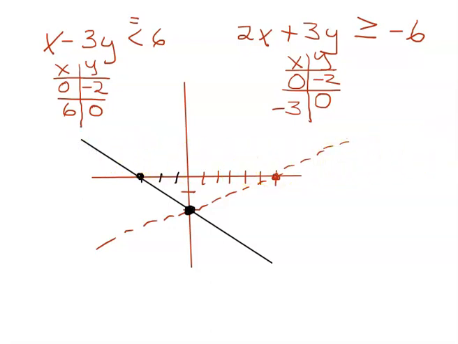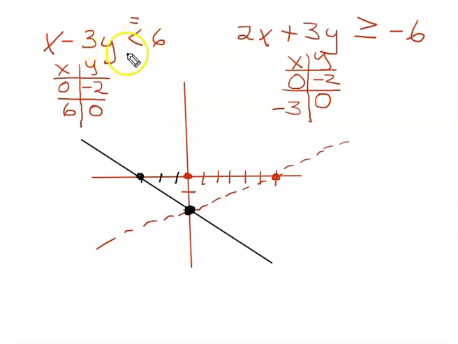Now we have to determine where our area of solution would be. And I'm going to go back to red. Now we could use the point 0, 0, but let's just figure out by looking at the inequalities.